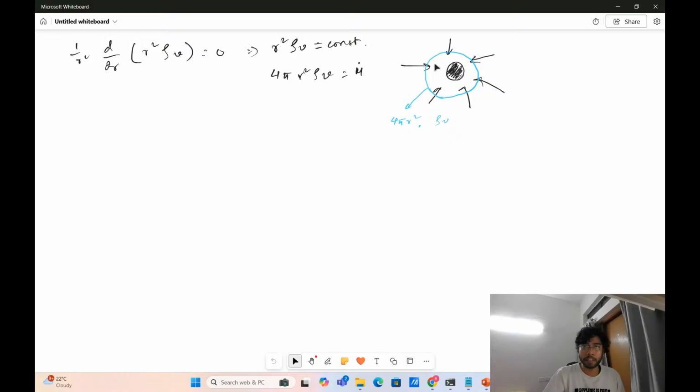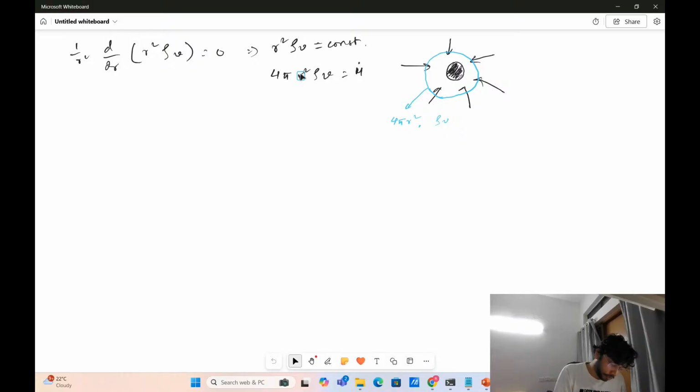So this is called the mass accretion rate, and this accounts for how much matter is crossing this shell per unit time, and this is constant in a Bondi accretion flow. The flux at each radius will vary with radius of course, but this whole thing will be constant, right? So this is what we get from the continuity equation.